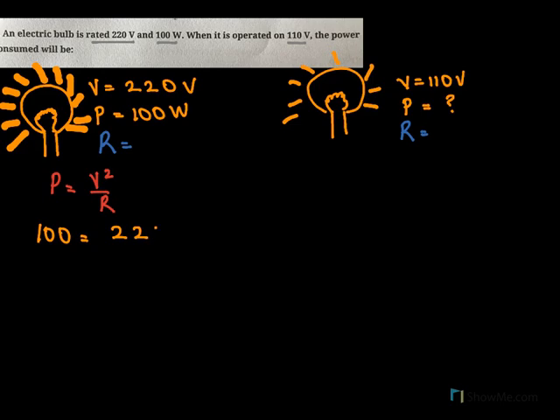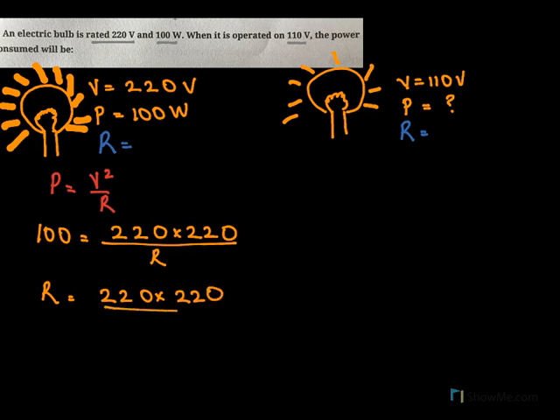Your V square is 220 into 220, and the resistance we don't know. So the resistance will be 220 square over power 100. We'll just leave it at this. Let's go to the next case.